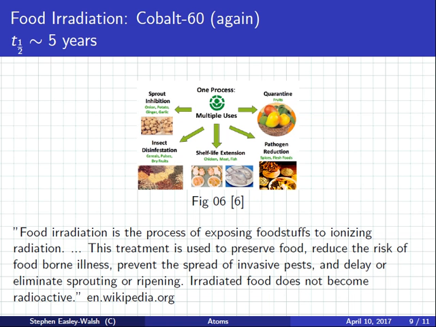It prevents the spread of pests, which are insects, and delays sprouting or ripening, so it stops it changing. And irradiated food does not become radioactive, so it's not like you're eating something radioactive. Yeah.